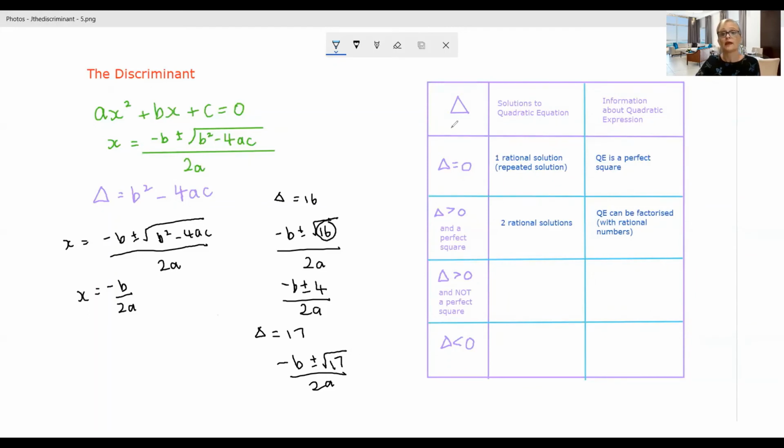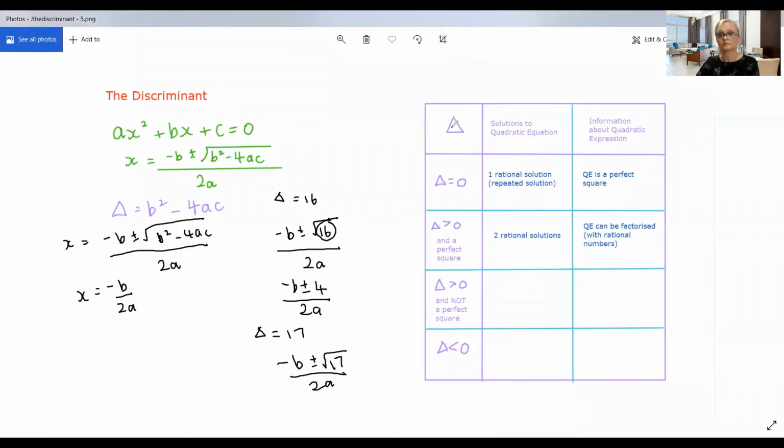So let's pop that down. Now, in terms of factorising the quadratic part, again, the implications there are that you can't factorise it with rational numbers. You're not going to be able to get your two brackets with just normal rational numbers in there. You would have to have surds in there.